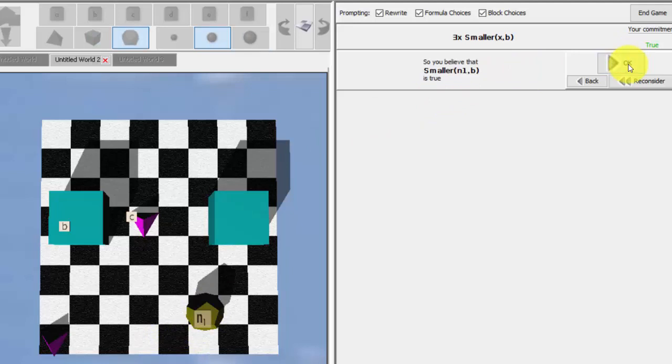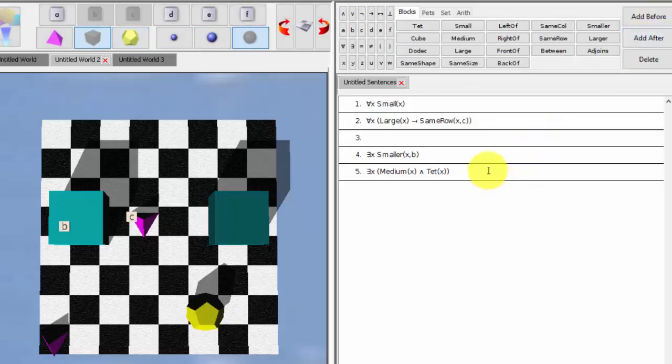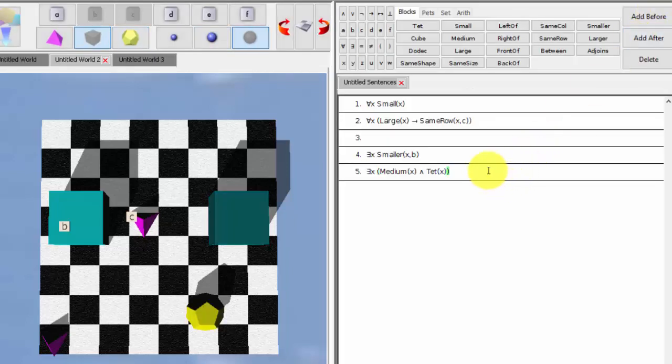It's going to label it n sub 1, so I believe that n sub 1 is smaller than B. Yes, I do. I win. All right, I think that probably gives you a good sense about how this game works when it comes to the universal quantifier and the existential quantifier.